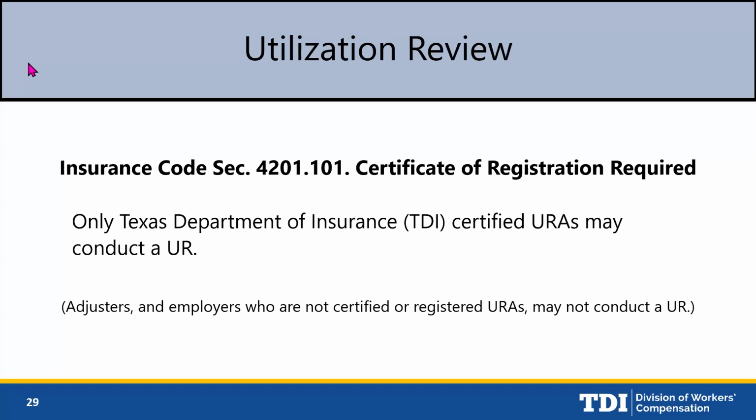Adjusters may not make medical necessity decisions. Only certified and registered URAs with the Texas Department of Insurance can conduct utilization review and make medical necessity decisions. Employers can't either, unless an adjuster or an employer happens to be certified as a URA, but that probably is unlikely. So just so you get that, only certified URAs can make those decisions.